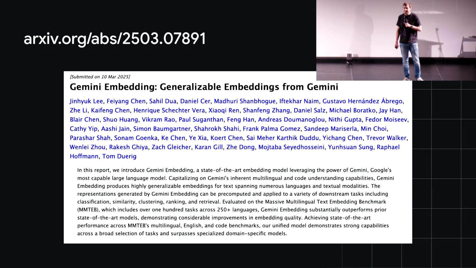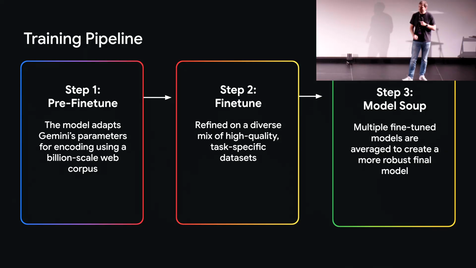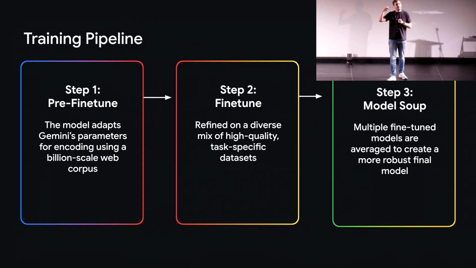Here's the paper. This came out in March, so you can find it on arXiv, for example, and read more about it. I want to give you a high-level overview of how we trained this, roughly in 3 steps. So we have what we call the pre-fine-tuning step, step 1, where we take one of the Gemini models and adapt the parameters for encoding using a billion-scale web corpus.